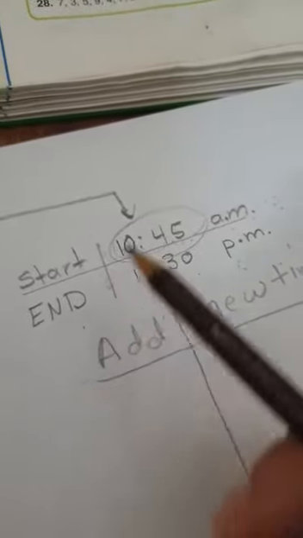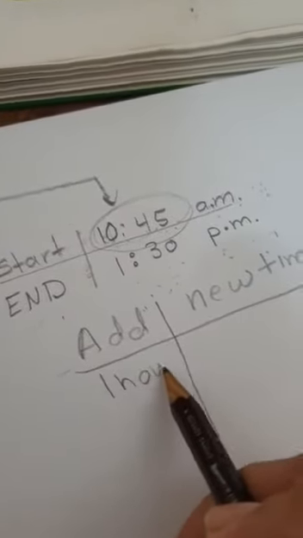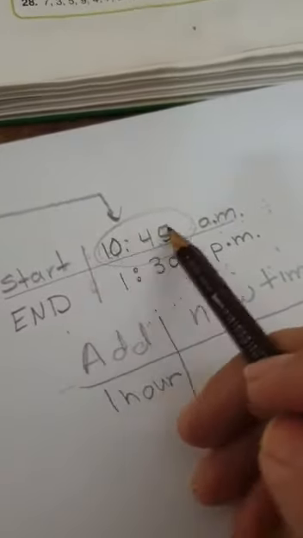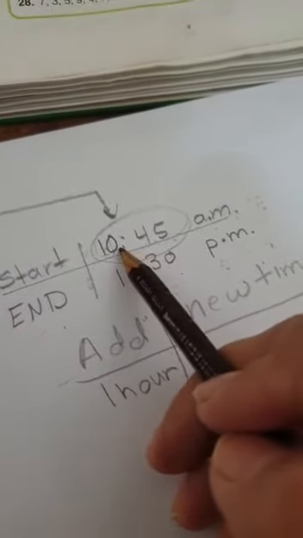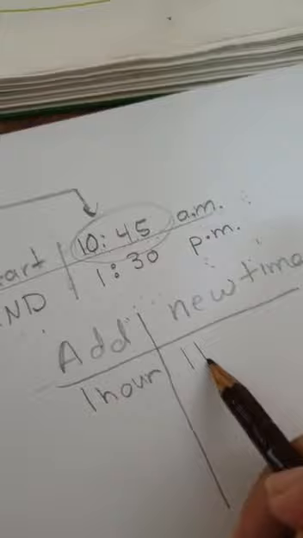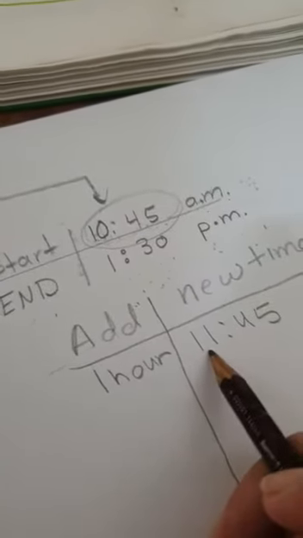I will add 1 hour to the start time. 10:45 plus 1 hour equals 11:45. The minutes will not change, only the hours.